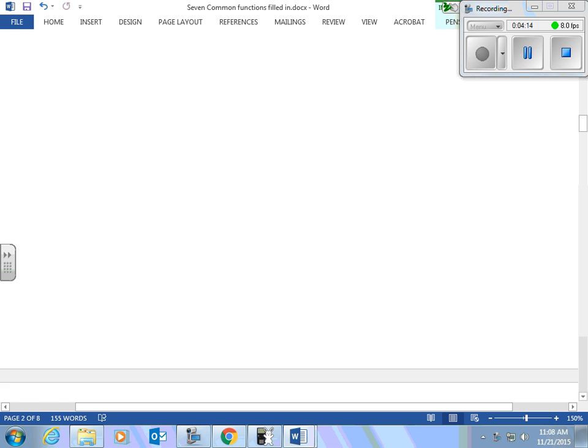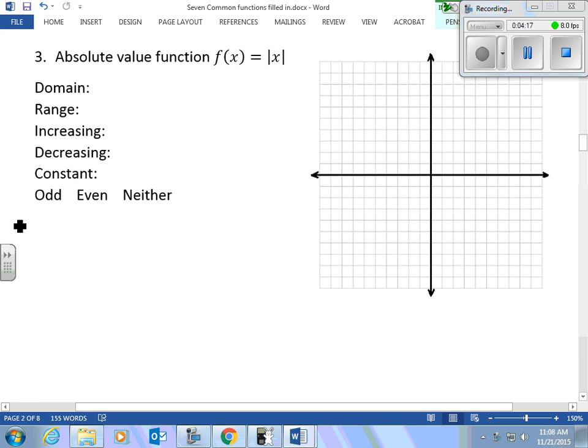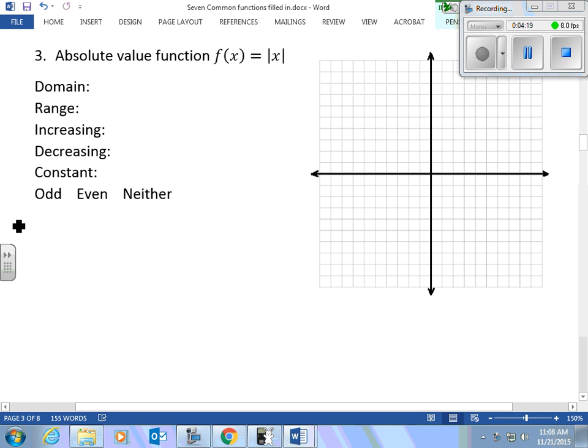The third function is the absolute value function. F at x equals the absolute value of x. So let's create the table of values for that again. -3 up to 3. And let's plug in the absolute values. So the absolute value of -3 is +3.